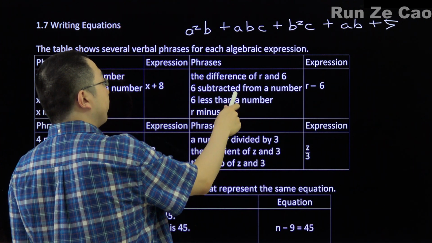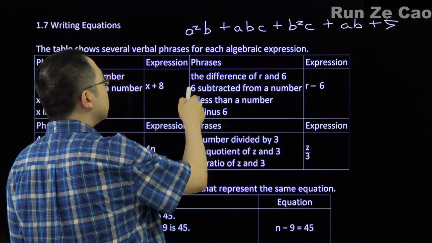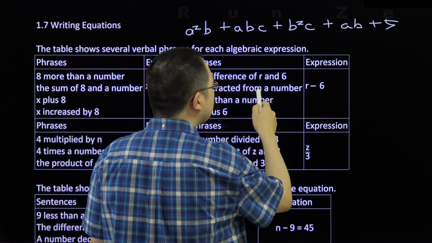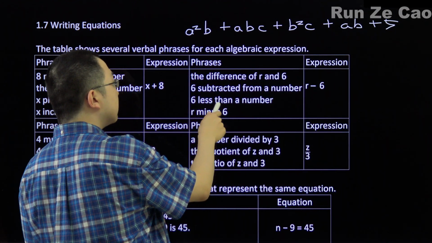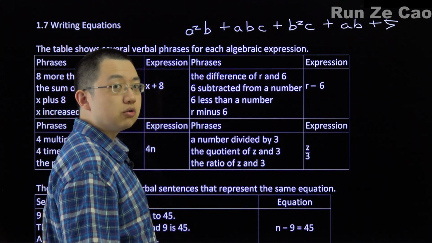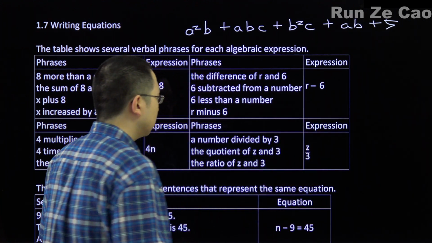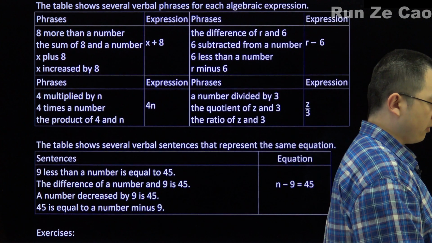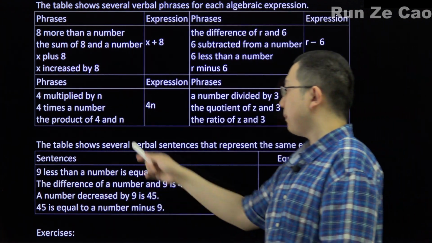6 subtracted from a number. This is being subtracted from the number. 6 less than a number. The number part is being used as the reference point, so that's why we write that first. 4 multiplied by n, or 4 times the number, or the product of 4 and n, or n and 4 for that matter.